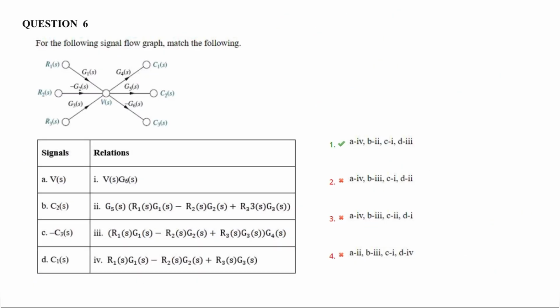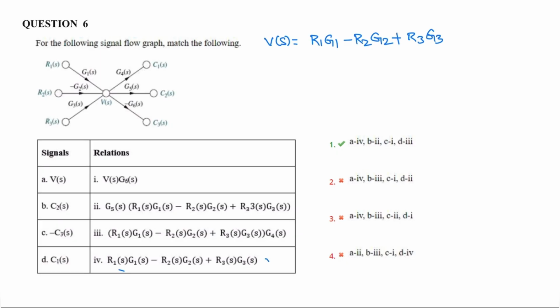Next question. For the following signal flow graph, match the following is given. From this signal flow graph, V of s is R1 of s G1 of s minus R2 of s G2 of s plus R3 of s G3 of s. So V of s is the fourth one.